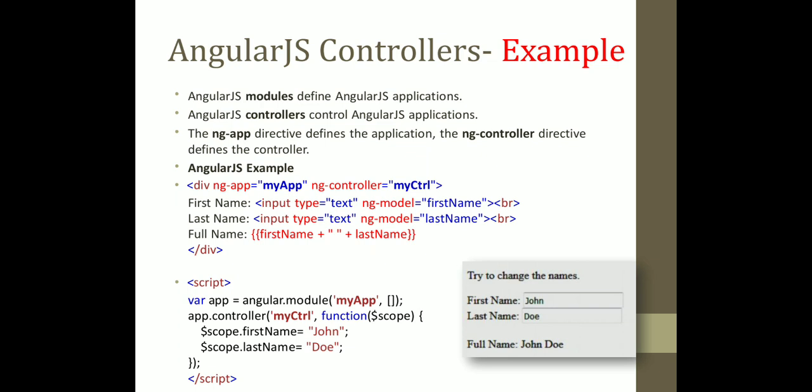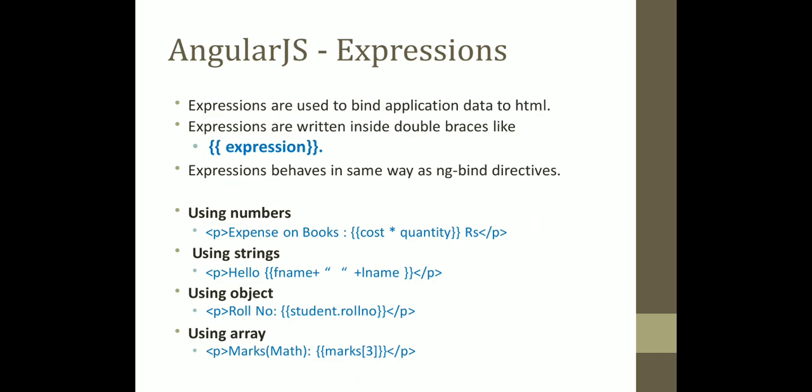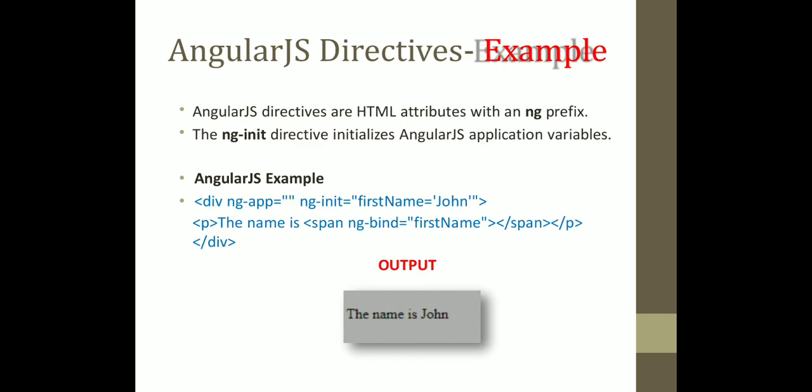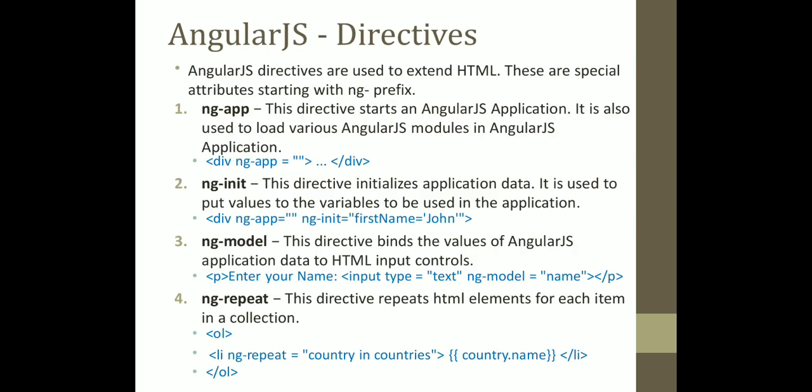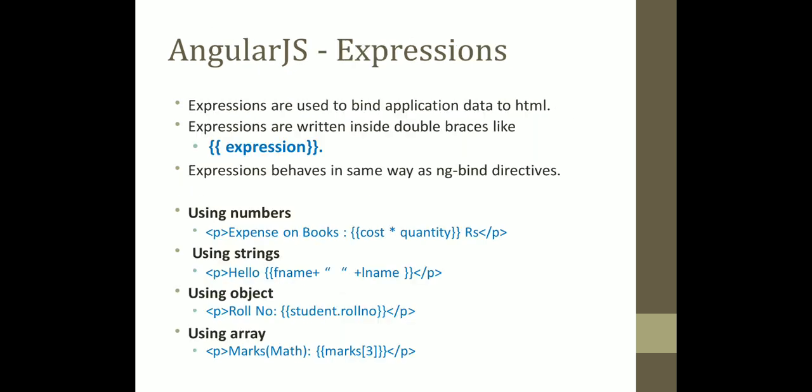In today's session we have seen three parts. First, AngularJS directives, which include directives like ng app, ng init, ng model and ng repeat. In the second part we have seen AngularJS expressions, which can be written in four ways: using numbers, strings, objects and arrays.